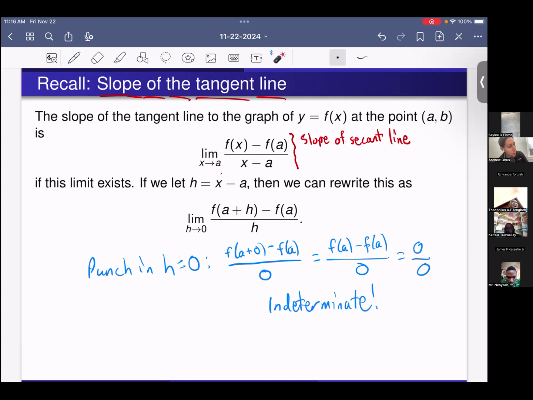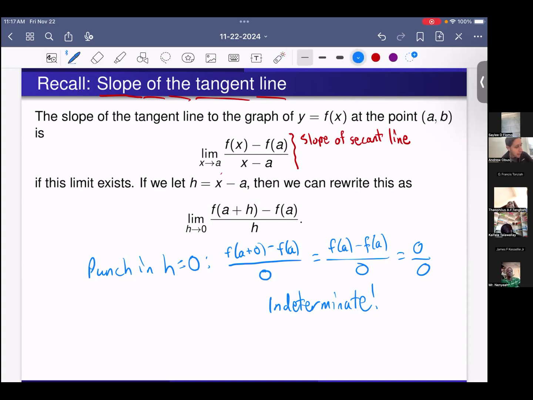Which means that in order to evaluate this limit, you're never going to be able to just punch in h equals 0, right? You're going to need to do something with the limit to evaluate it. We've seen a lot of the things that you can do. A lot of times it involves some simplification or some canceling. You've got to do something with the expression before you can actually evaluate the limit.